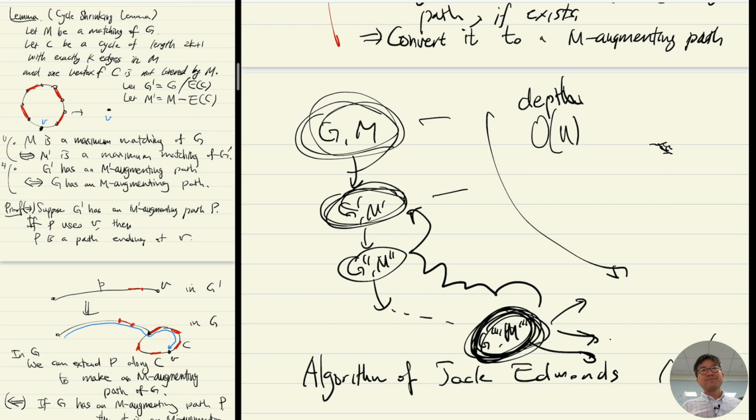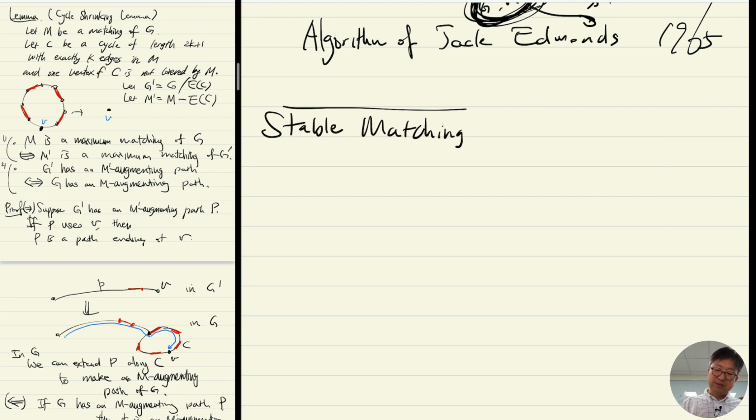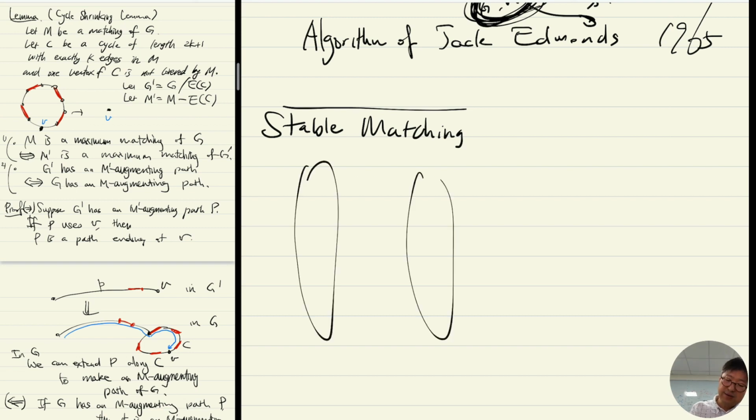All right, as a final topic, I want to discuss stable matchings. Now we change our thing slightly. This is the last topic on matchings. So imagine that you have boys and girls.